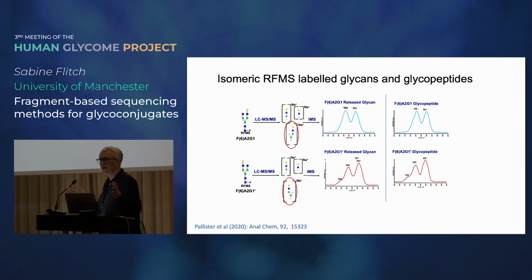Obviously, you can ignore all the other m/z fragments, so you send them through the ion mobility tube, and you can see, first of all, regardless of whether you start with labeled glycans that have been PNGase released or whether you start with glycopeptides, you get very reproducibly exactly the same profiles.